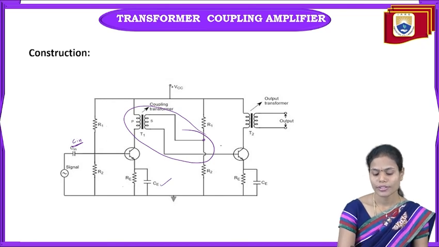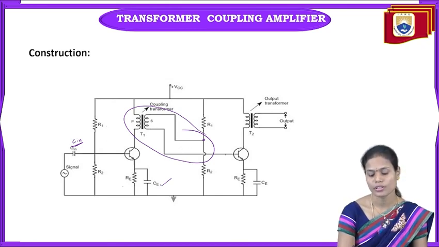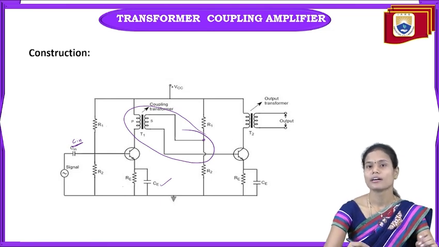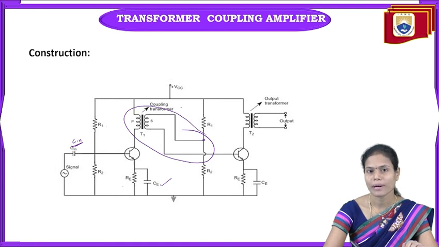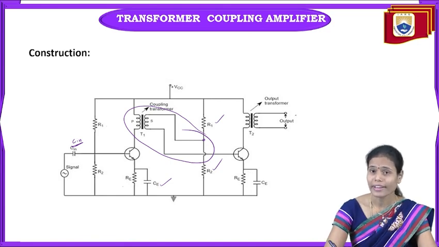So it directly connects the output of the first stage to the input of the next stage without using any capacitor. Directly it will pass the AC signal only. Here R1, R2 again provide biasing for the second stage, and the final output we take across the secondary winding of the transformer at the second stage.